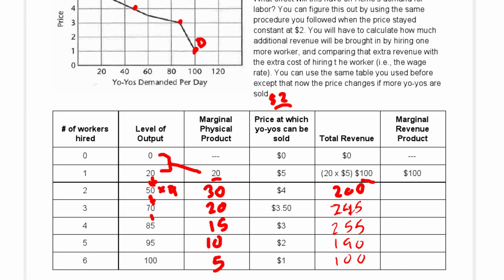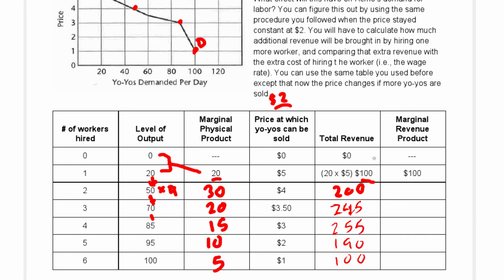This is going to be our total revenue, and as you can see, our total revenue actually decreases after a while. Even though we're producing 100 yo-yos, if we want to get rid of 100 yo-yos, we can only sell them for $1 each, and that's going to get us $100. So let's see where we're at.